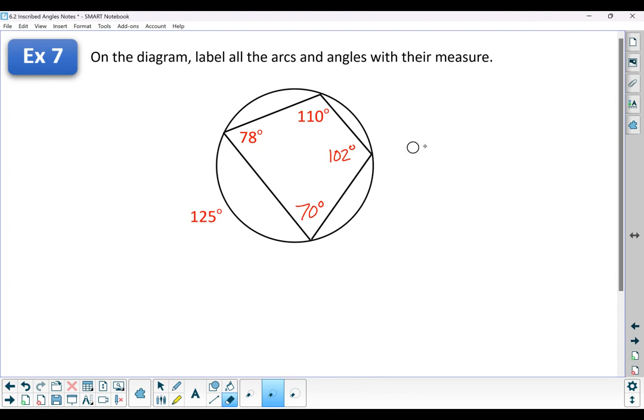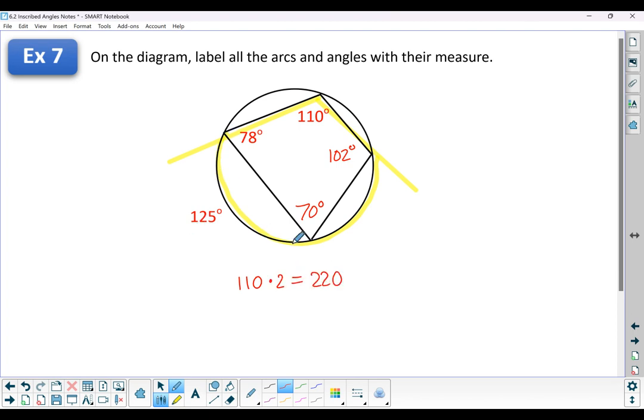Now we're going to use those angles to figure out the arcs. And this, I think, is a little bit trickier. Let's use the 110 degree angle first. That 110 degree angle intercepts the arc all the way over here. So we can get the measure of that full highlighted arc by doubling. 110 times 2 is 220.